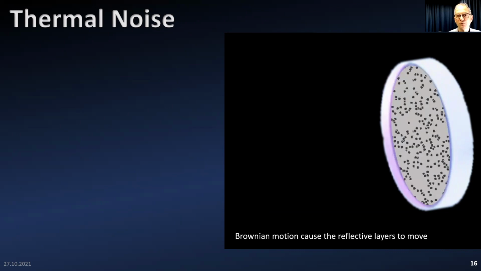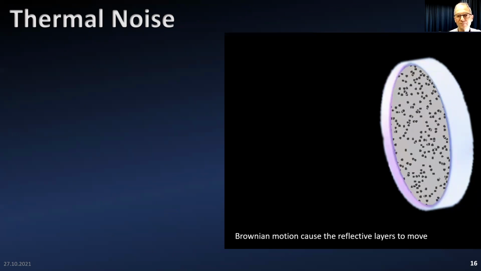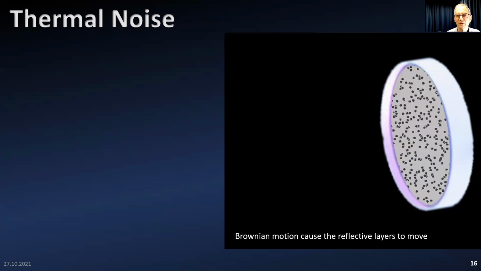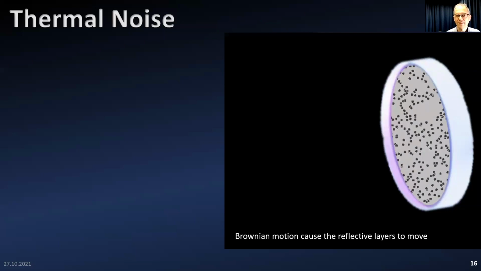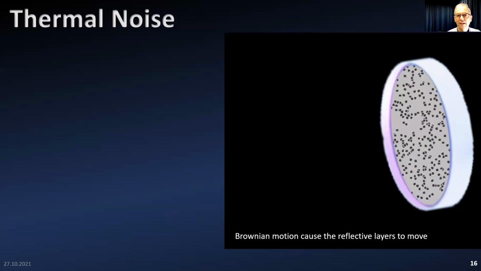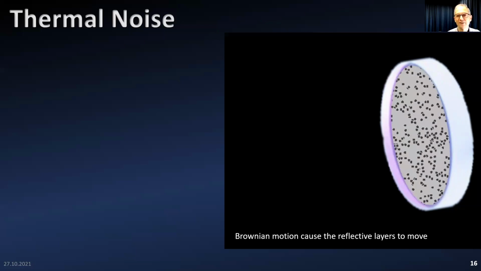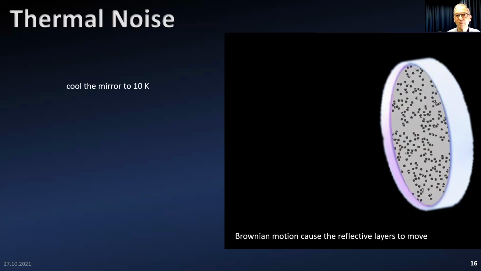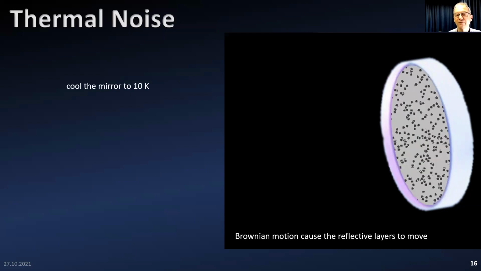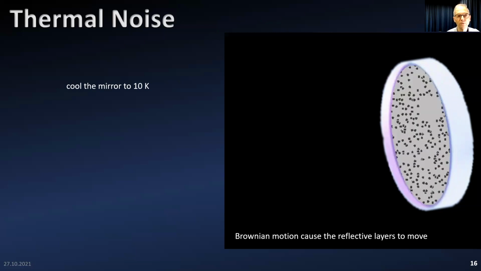And the more they move, the warmer the mirror is. And this, of course, means that also the surface of the mirror is slightly fluctuating. And that creates noise. In order to get rid of that, there is only one way, and that means you have to cool the mirror. So you want to cool the mirror to 10 Kelvin in order to get rid of the thermal motion.